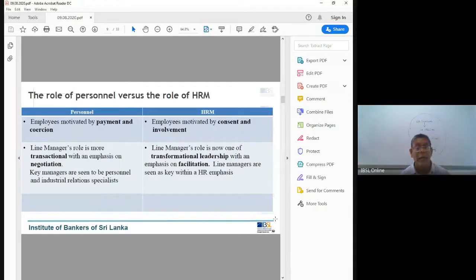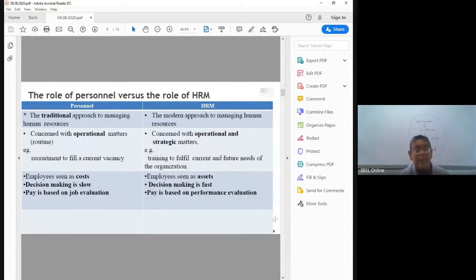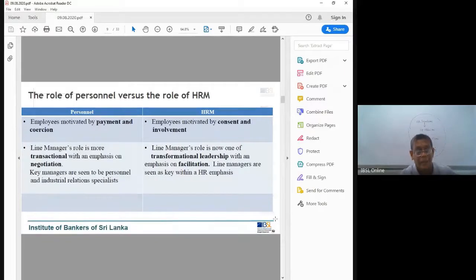The key points are: traditional approach, modern approach; employees considered as a cost, employees considered as an asset; decision making slow, decision making fast; pay based on the job, pay based on performance; motivation through payment and coercion, motivation through consent and involvement.